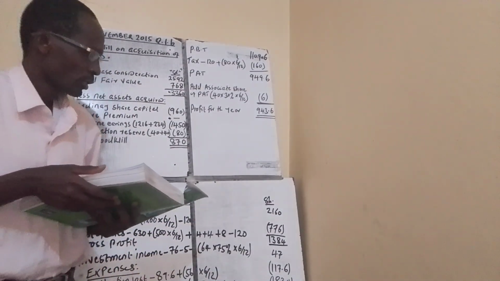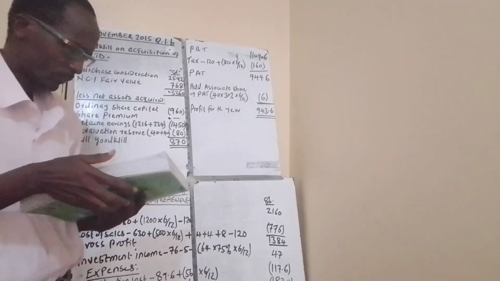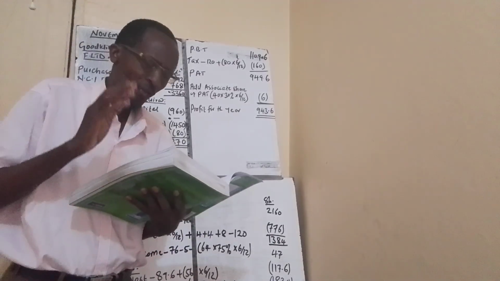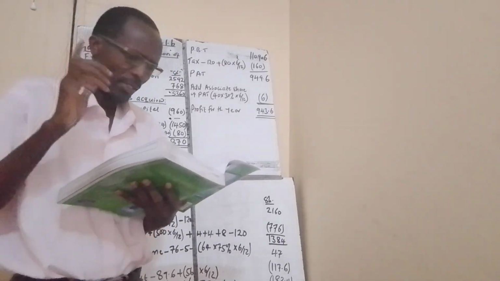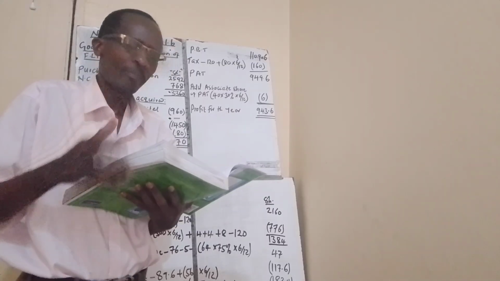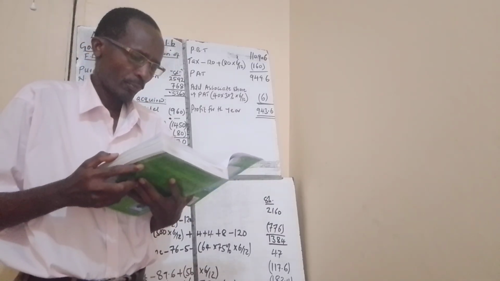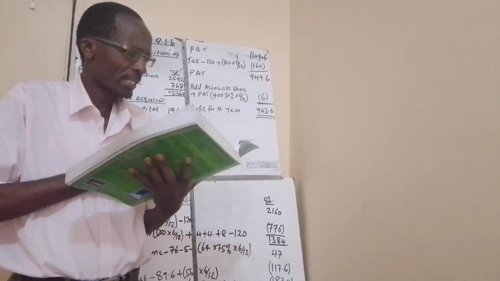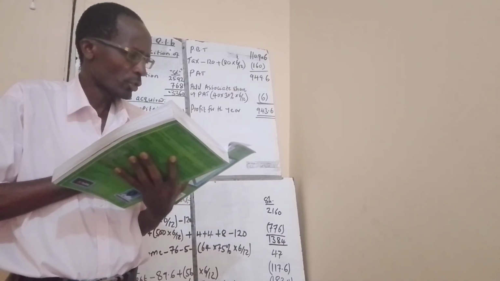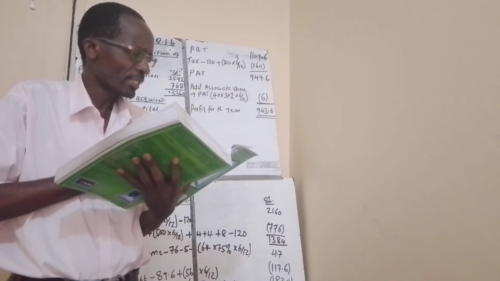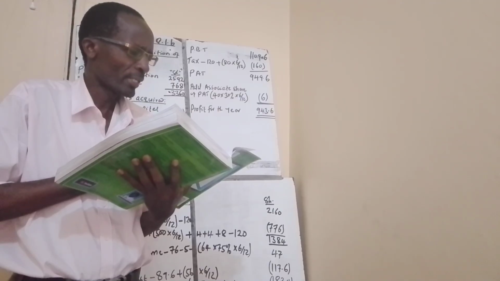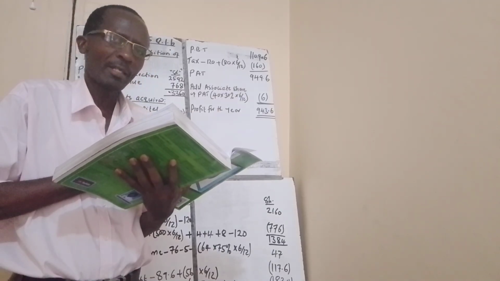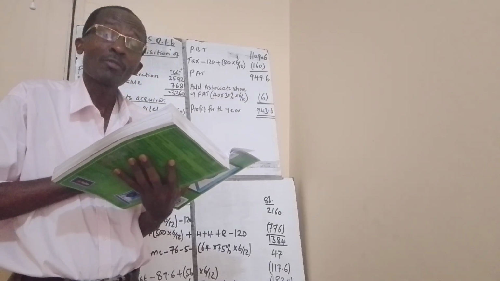Another point that we should note is the date of acquisition. We are told the date of acquisition was 1st April 2015. And then for these books of accounts, as you find in the question, we are told consolidated statement of comprehensive income for the year ended 30th September 2015.